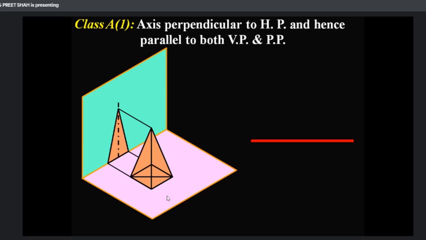Okay, open your sketchbook and write down this statement. If solid is resting on HP plane, on one of its sides, in that case first draw edges on the right hand side.